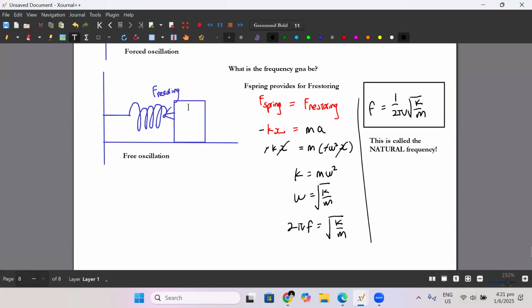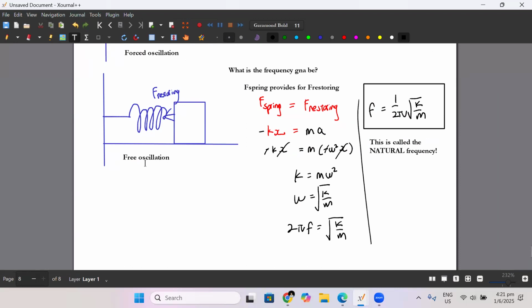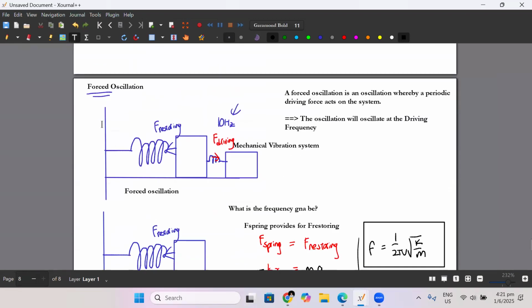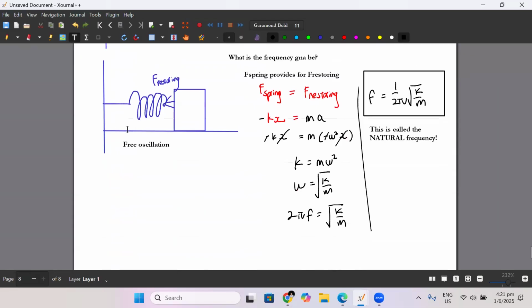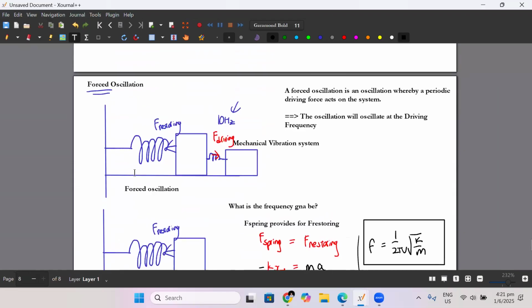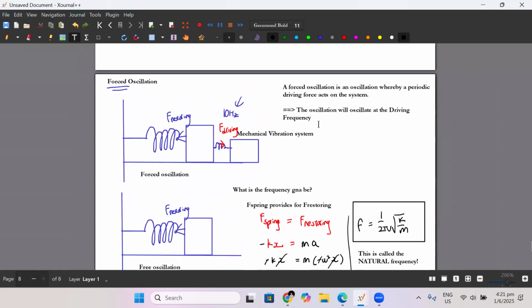If you let anything oscillate freely, the frequency that it will oscillate at is called the natural frequency. So that's the difference between a free oscillation and a forced oscillation. A free oscillation will oscillate at the natural frequency, but a forced oscillation obeys the driving frequency. This is a very crucial idea that you must know.